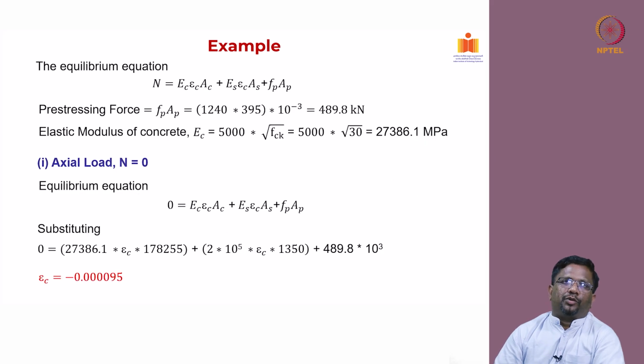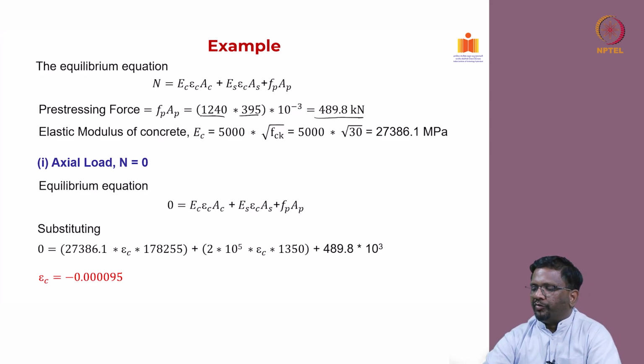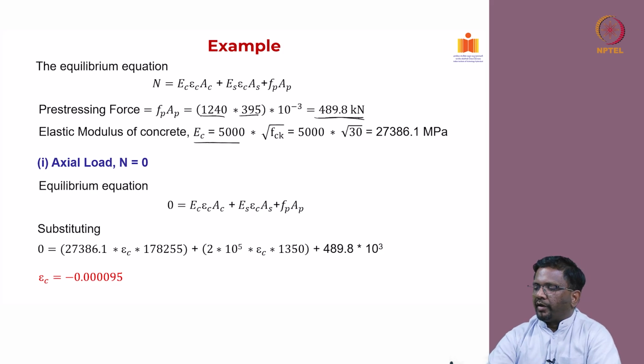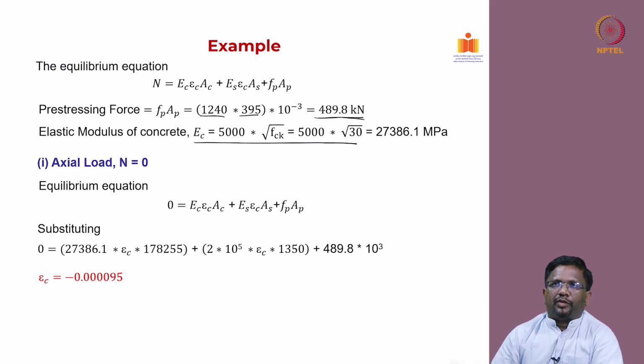So, let us see now how to use this formula. We have already developed this expression. So, initial stretching is 1240 multiplied by 395, which gives me the force that we have applied, and the elastic modulus of concrete I can calculate using 5000 square root of FCK.